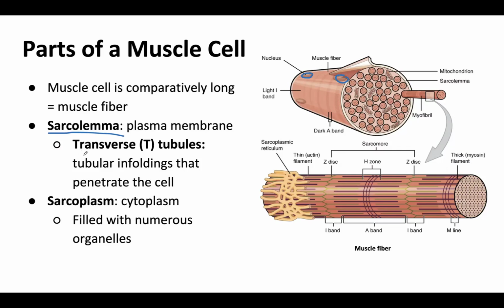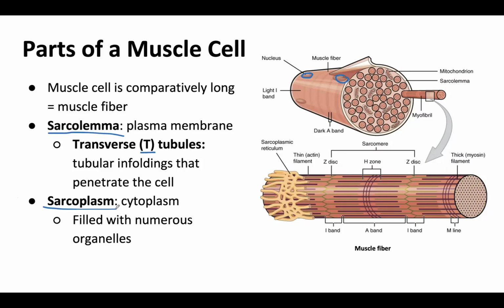These are called transverse tubules, often shortened to T tubules. These tubules are important in getting an action potential into the deeper parts of the cell, which can lead to calcium release. There'll be more to come on that calcium release in a second.